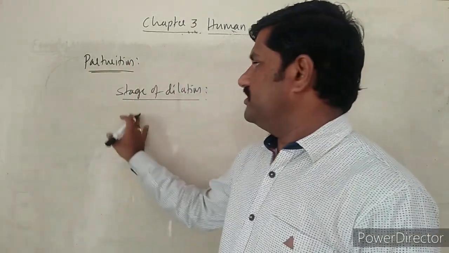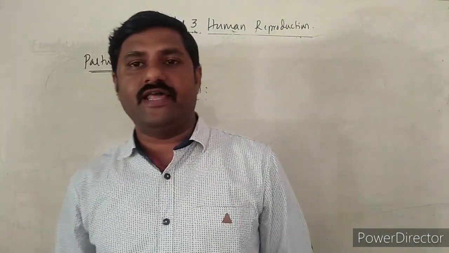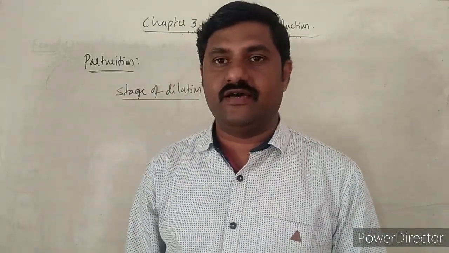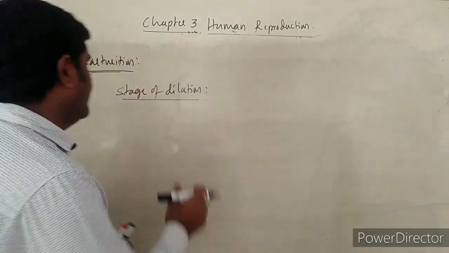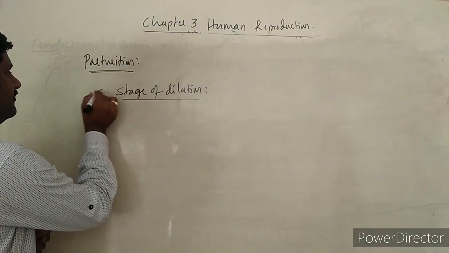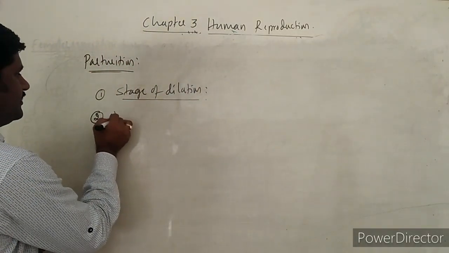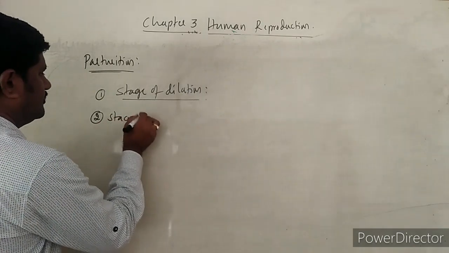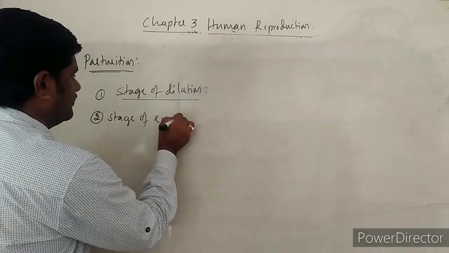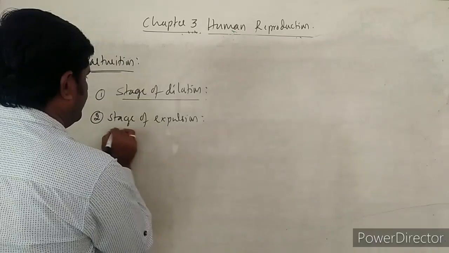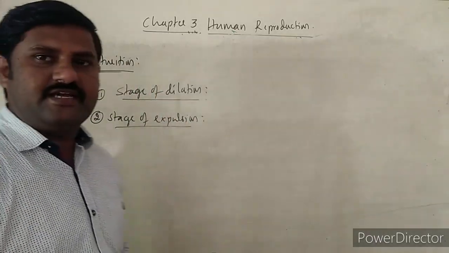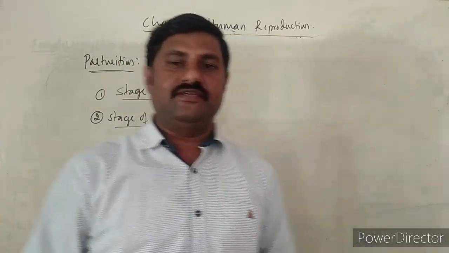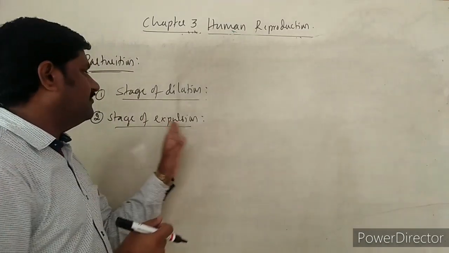During this, the complete dilation of the cervical canal or cervix takes place, and that is called the stage of dilation, the first one. And the second one is the stage of expulsion. By the name we can understand that expulsion of the baby takes place. Then what is this stage of expulsion?